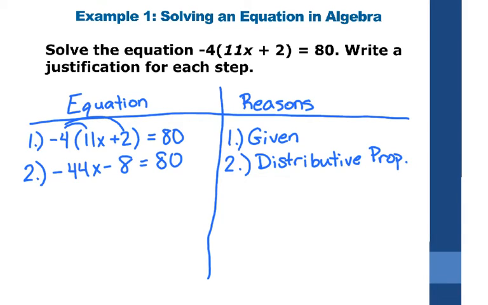So there's our reason for that second step. Now let's move on to the third. What I'm going to do here is add 8 to both sides of the equation, because when we're solving equations, we're trying to isolate x by itself on one side. So isolating, we need to add 8 to both sides, and we get 88.